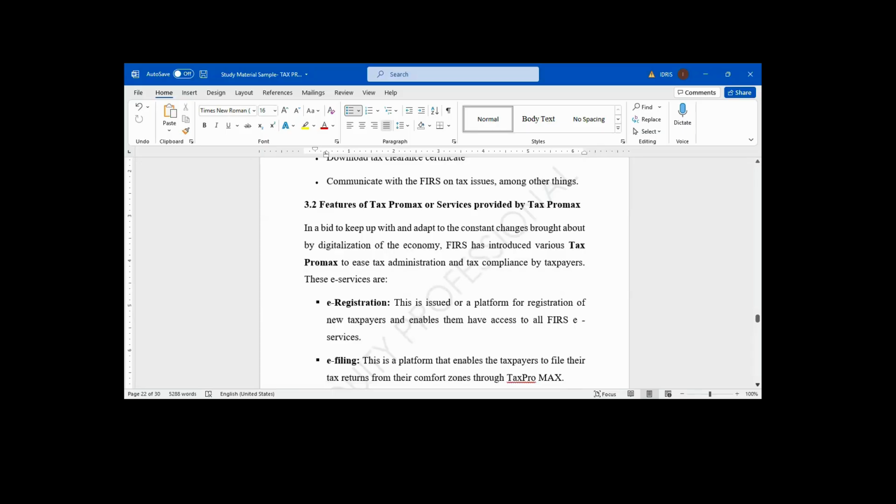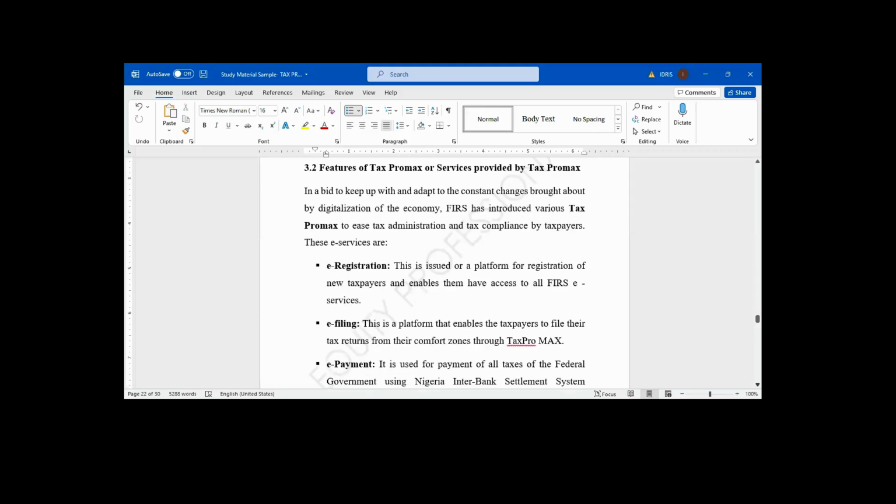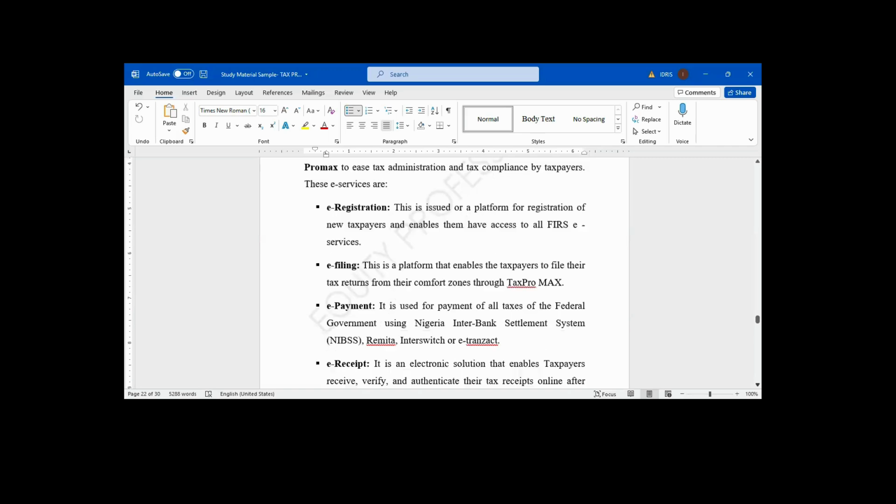One of the services provided by Tax Promax is called e-registration. It helps a new taxpayer to register for tax. Another one is called e-filing. It helps taxpayers to file their return electronically.